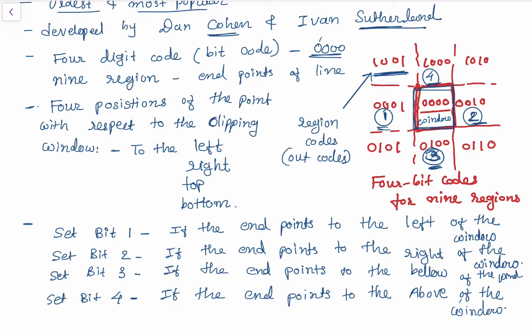For the 5th region, we have to repeat from left to right and above to below. So the 5th region is this left corner of top, then the right corner will be our 6th region, then 7, 8, and this one is our 9th region.